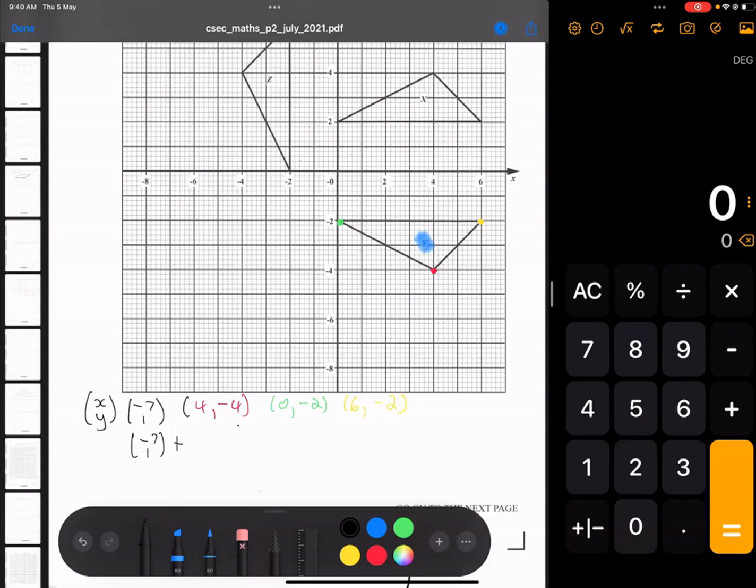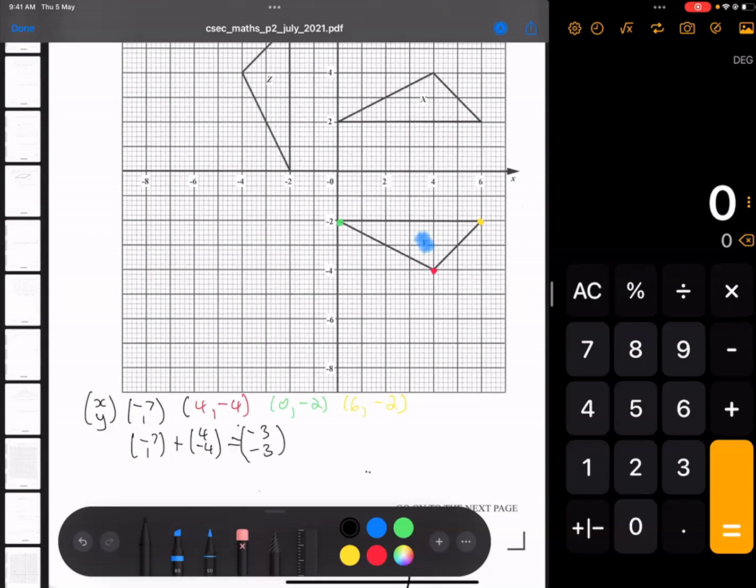Starting with the red, our new point: -7 plus 4 will give us -3, and 1 plus -4 will give us -3.